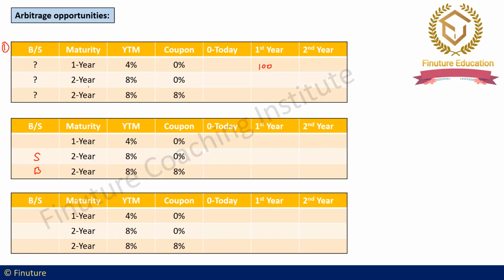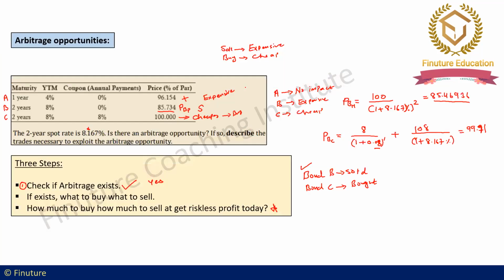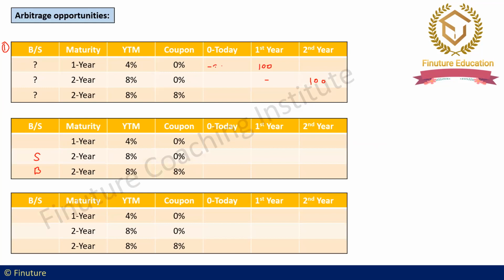The second bond is also zero coupon, so there are no intermediary coupons. In the first year you don't get anything; in the second year, you get 100. So bond A is bought at minus 96.154, and on the second year it gives 100.